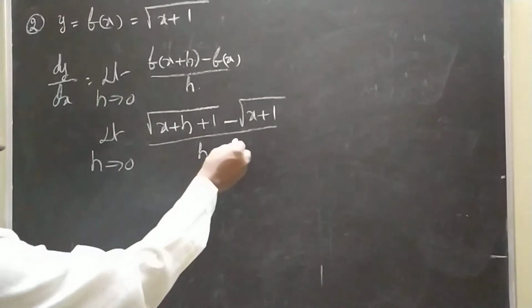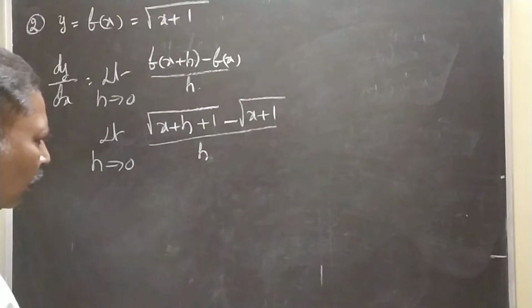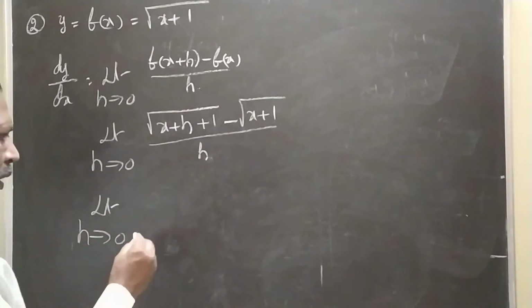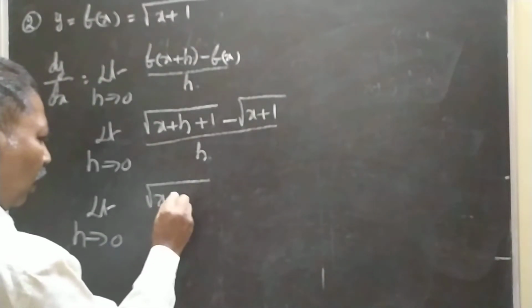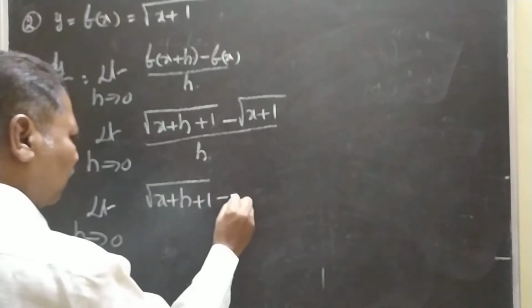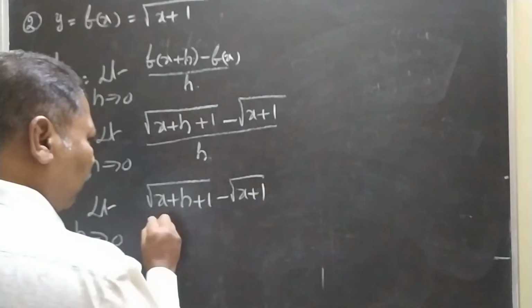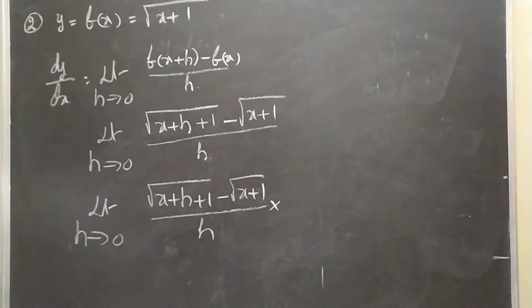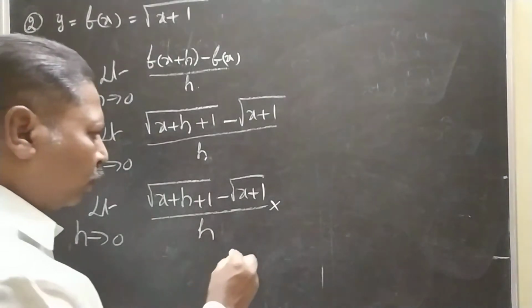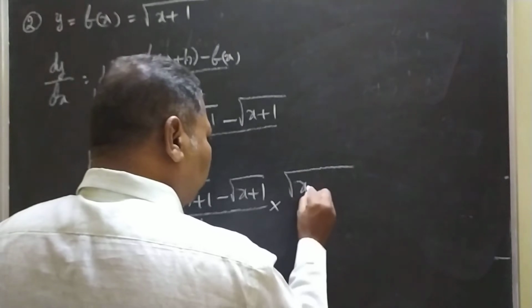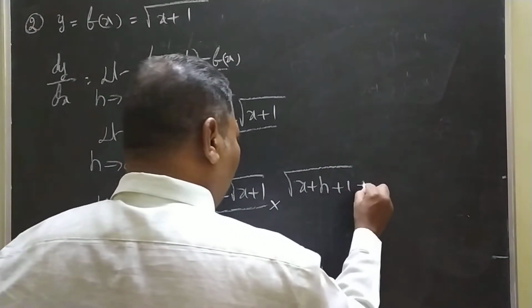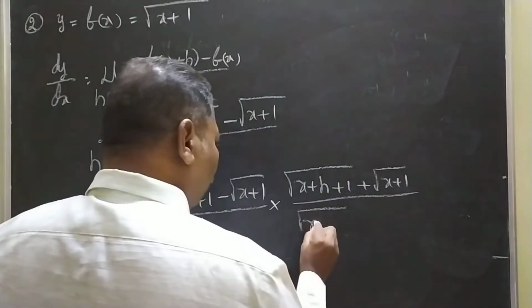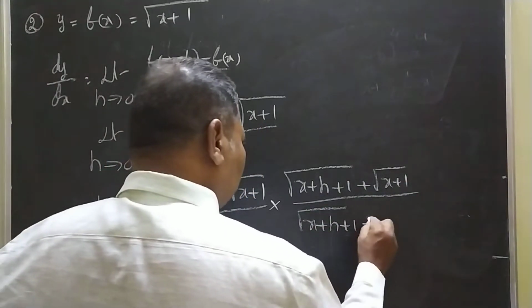Next, rationalize this one. Limit h tends to 0 of (under root x plus h plus 1 minus under root x plus 1) by h.